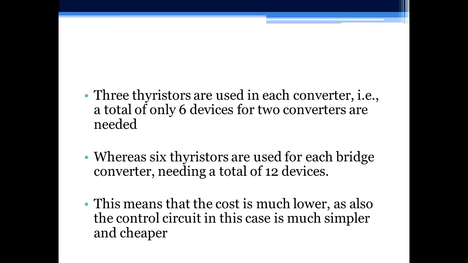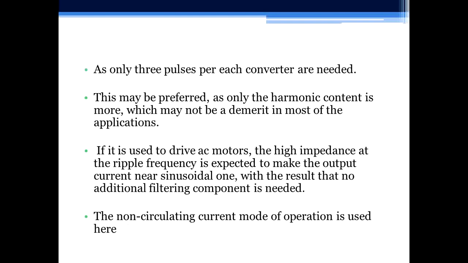So together we needed 12 devices for converting 3-phase AC to single-phase AC. But in this configuration we need only 3 plus 3, that is 6 devices. When we use 6 devices, the circuit becomes simple, cost gets reduced and overall control becomes easier. That's why this kind of control can be used when cost requirements are lower.